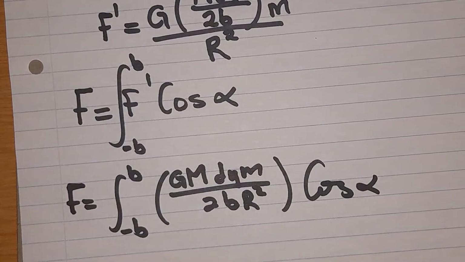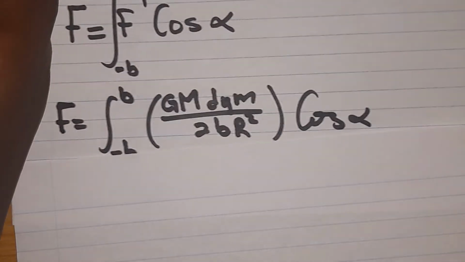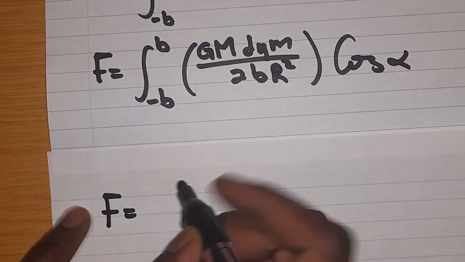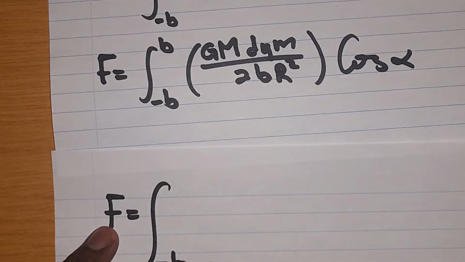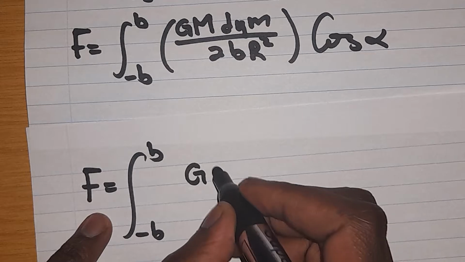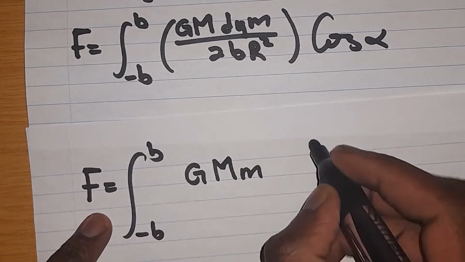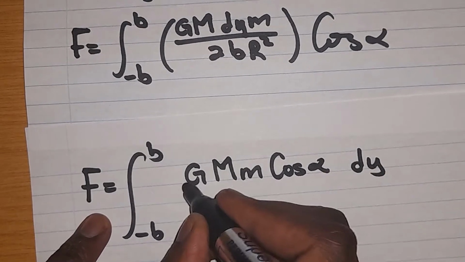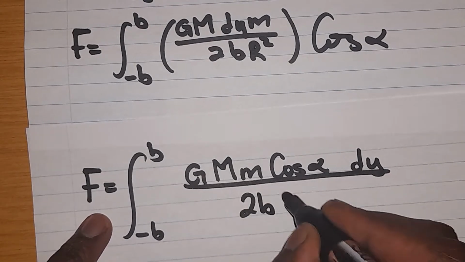That's our force right there, right? If we try to write everything neater, from our force there, F is equal to the integral from negative b to b of G capital M cos alpha dy all over 2b r squared.